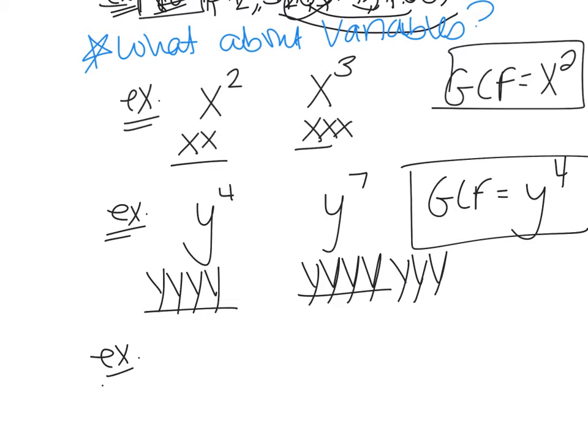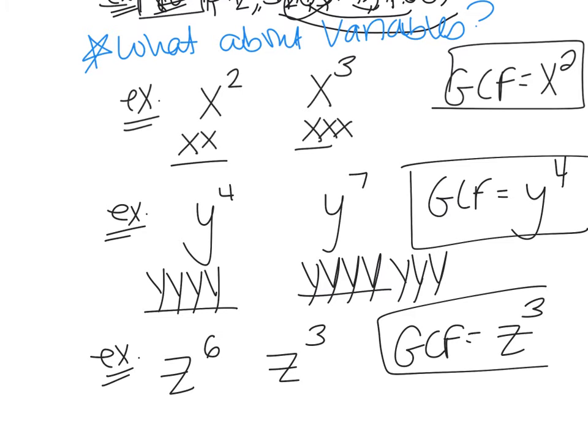And if I do one more, z to the 6th and z to the 3rd, how many z's does this one have? 6. How many z's does that one have? 3. So what's the biggest number of z's they both have in common? 3.